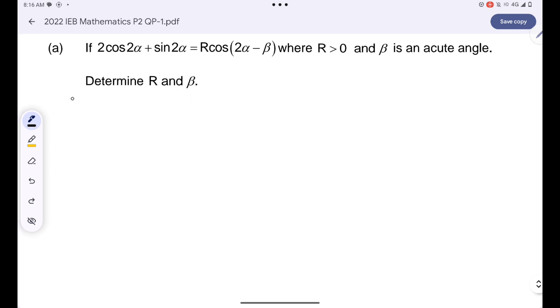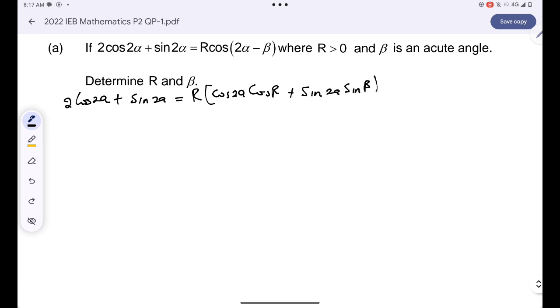We know that 2 cos 2a plus sine 2a is equal to r cos of 2a minus beta. You can expand the compound angle there. This will be equal to r times cos 2a cos beta. Since we have a negative there, you'll write a plus sine 2a sine beta.